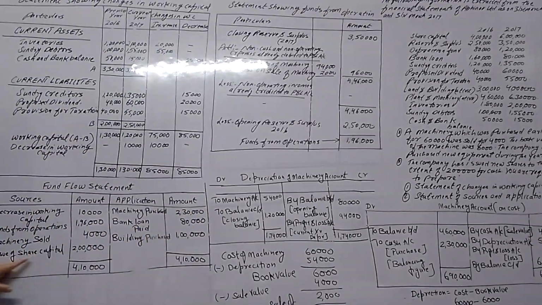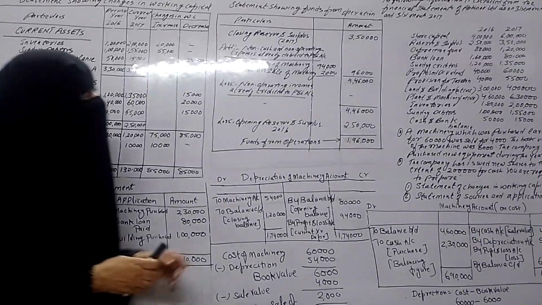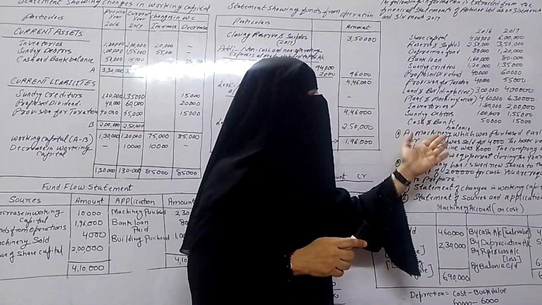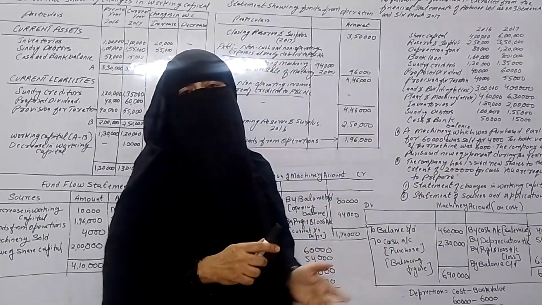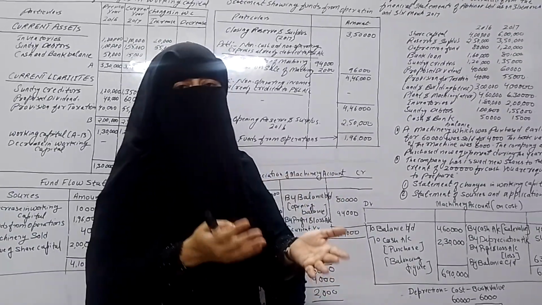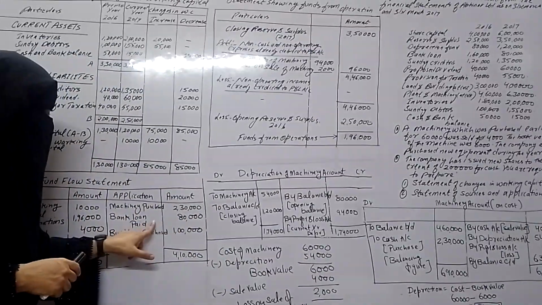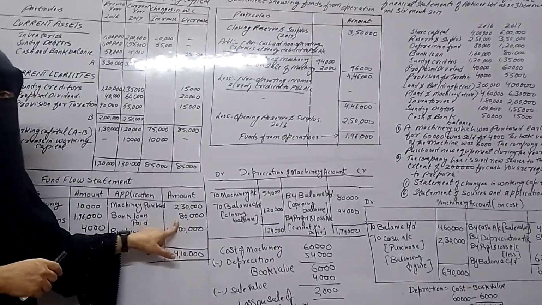Issue of shares, difference 2 lakh. And bank loan, in the first year it is 1,60,000 and in the second year it is 80,000. The loan has decreased. That means we paid the loan. Payment of loan is an outflow. So on the application side, bank loan paid 80,000.